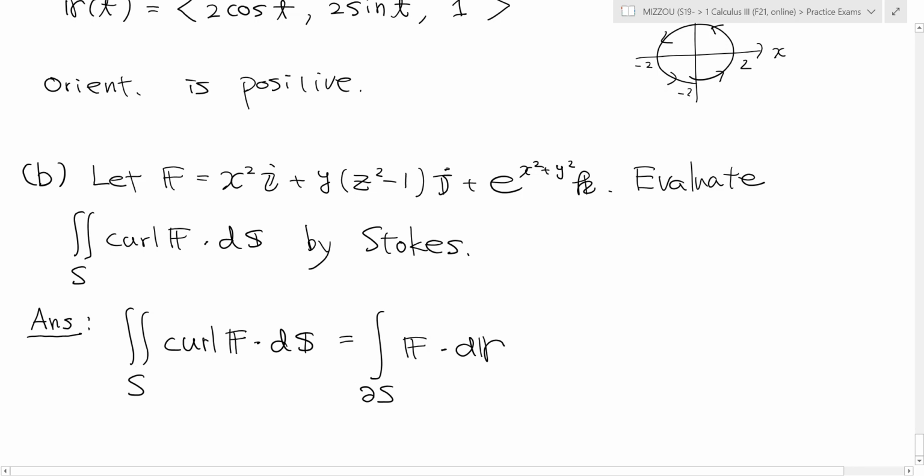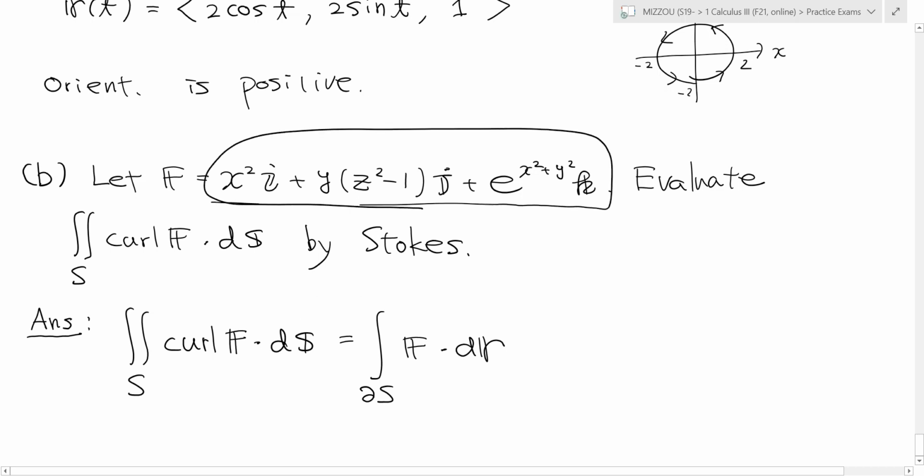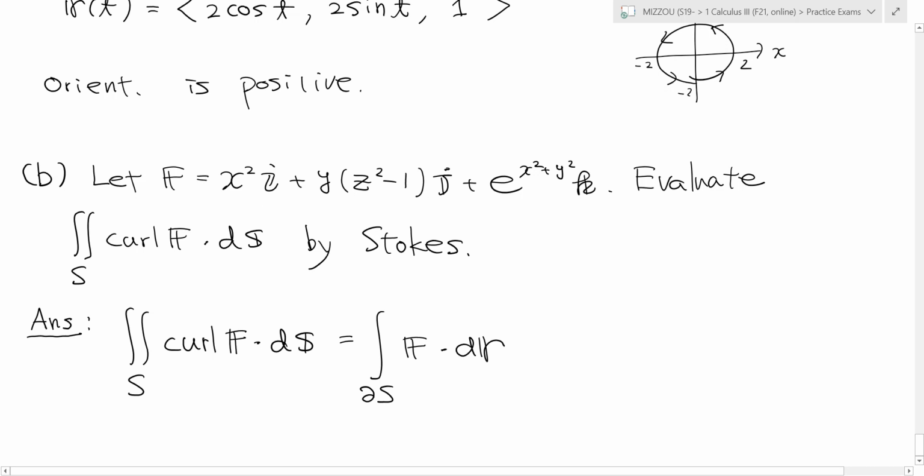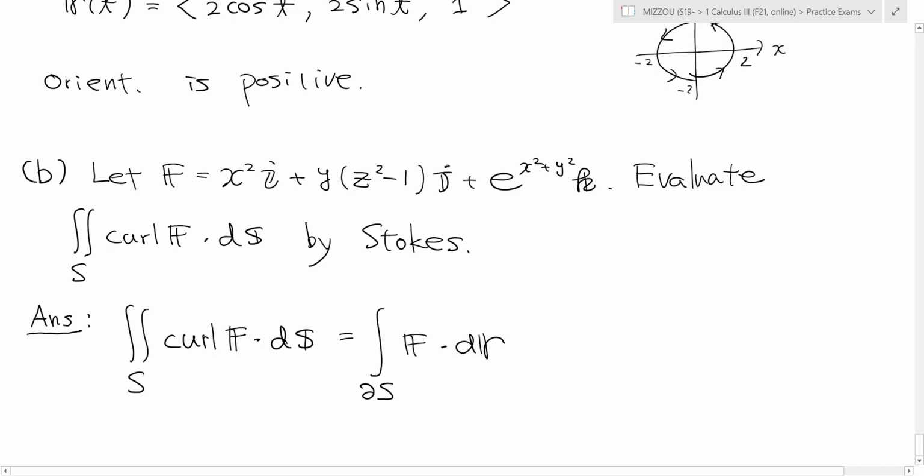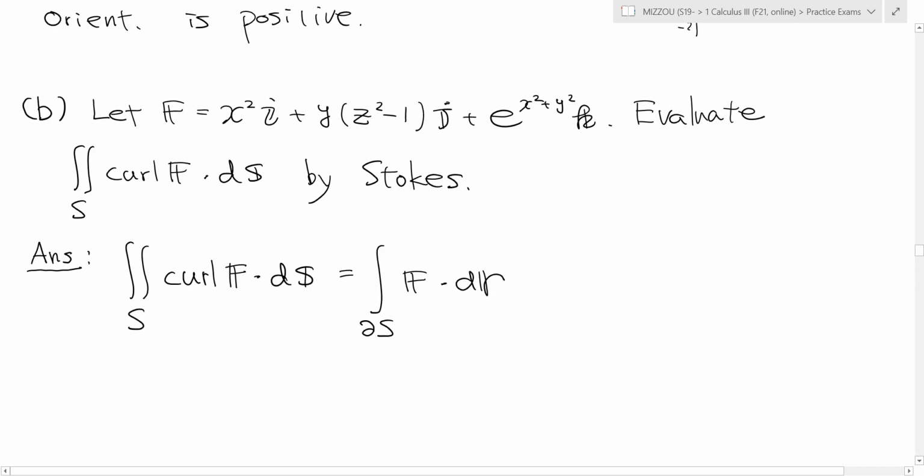The good thing about Stokes theorem is that if you use it in this direction, you don't have to compute the curl, but you can directly use this vector field to compute the integral.